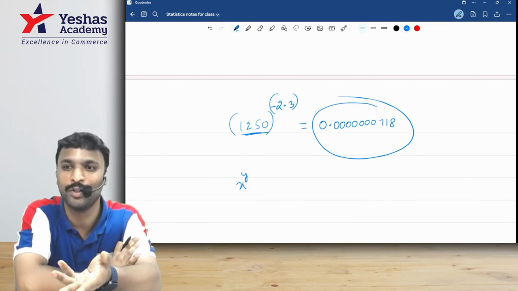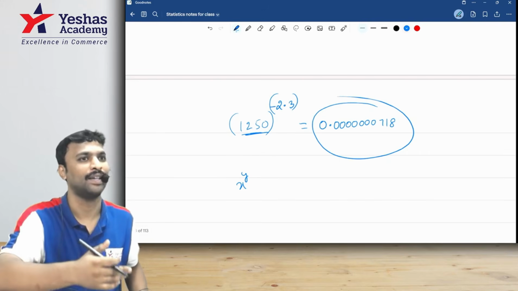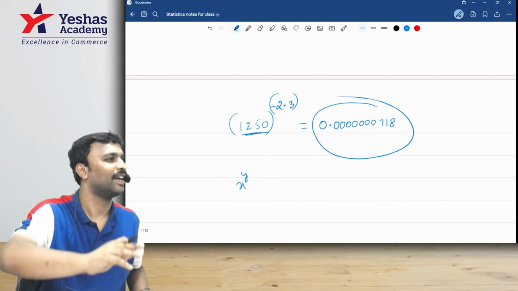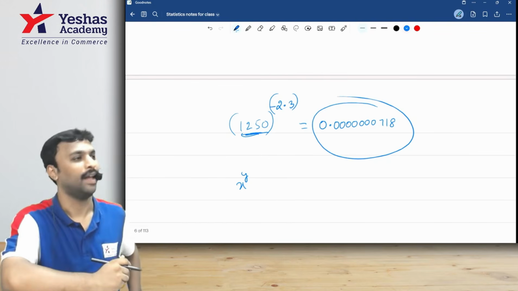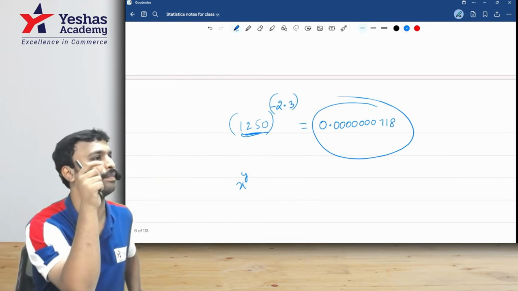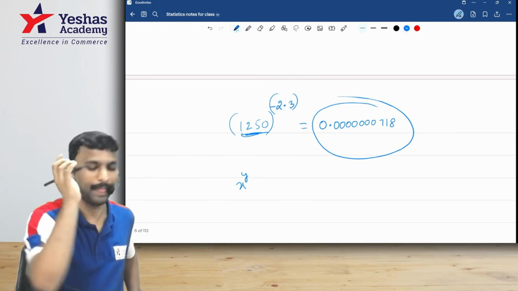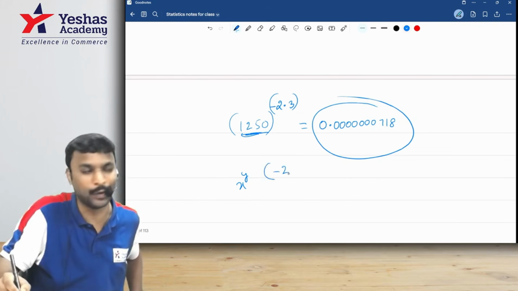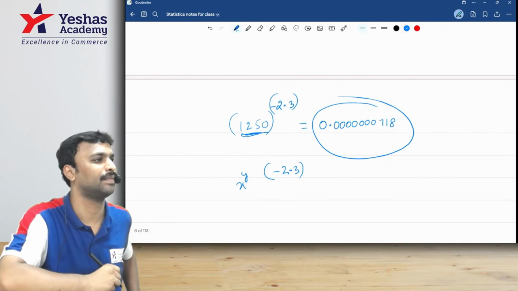If you don't have that, what do you do? Once more on mobile: type 1250. There is a button X power Y in the scientific calculator. Press that, brackets will open, type minus 2.3. How much is displayed?